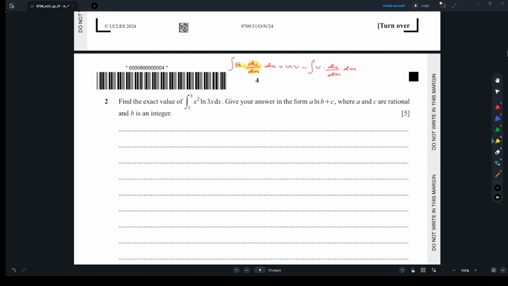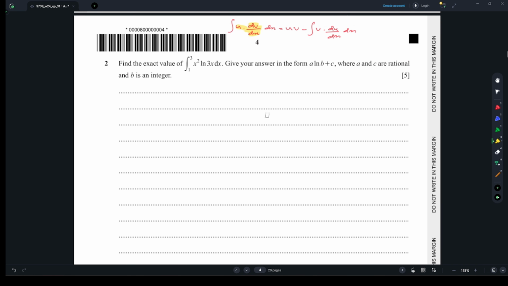And if you select one as u, then in the next part, in your answer part, you have du over dx, which is the derivation, which is easy. So ln x, we know that, right? The derivation is easy. So by considering those, now I can take u as ln 3x.